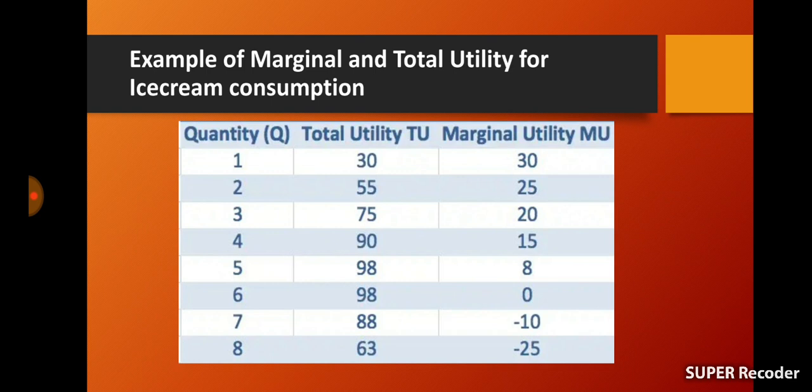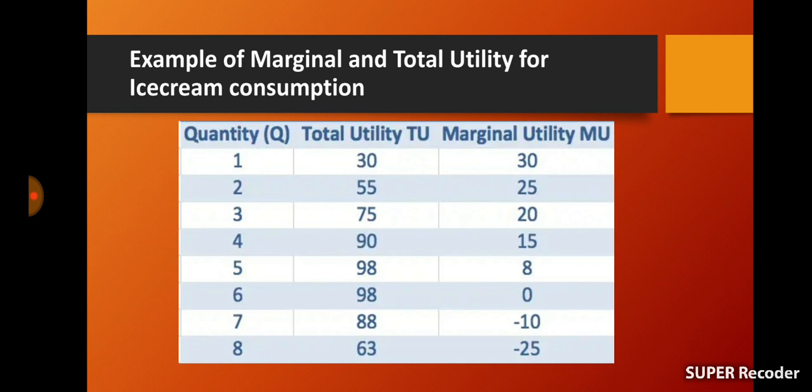Likewise the total utility is also increasing. But when the consumer's marginal utility is 0, at this level total utility will be the maximum.